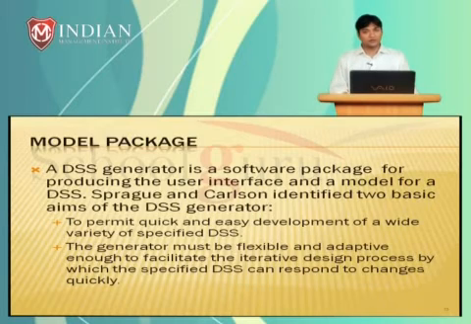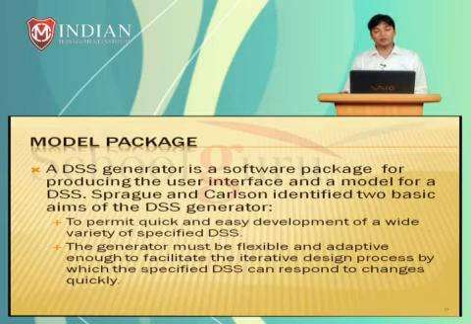There were two scientists called Sprague and Carlson. These people identified two basic aims of a DSS generator. What were those two? The first one is to permit quick and easy development of a wide variety of specified DSS. The second is that the generator must be flexible and adaptive, to facilitate the iterative design process by which the specified DSS can respond to changes quickly.